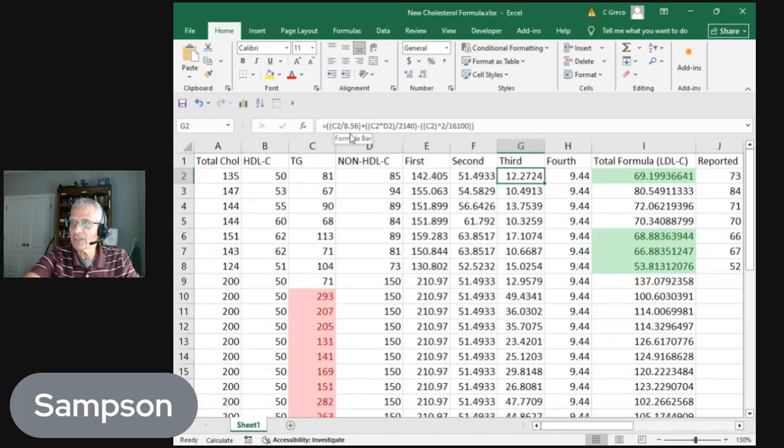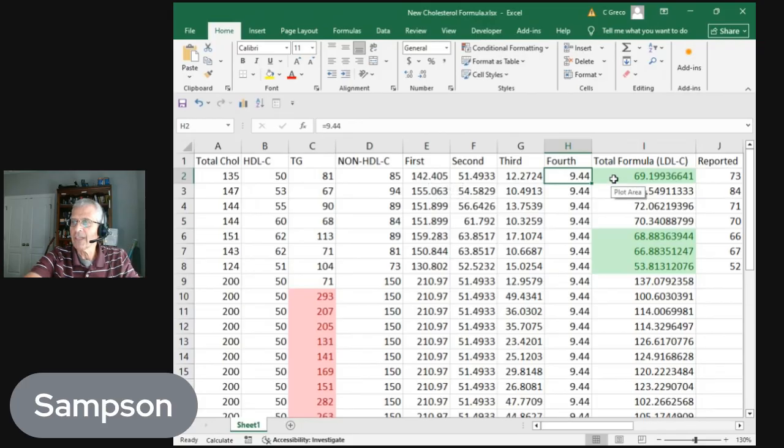C2, which is triglycerides, over 8.56, plus C2, triglycerides, times D2, which is your non-HDL-C, over 2140, minus C2, again, triglycerides, squared over 16,100. That's your third one. And then your fourth, which is interesting, is just minus 944.